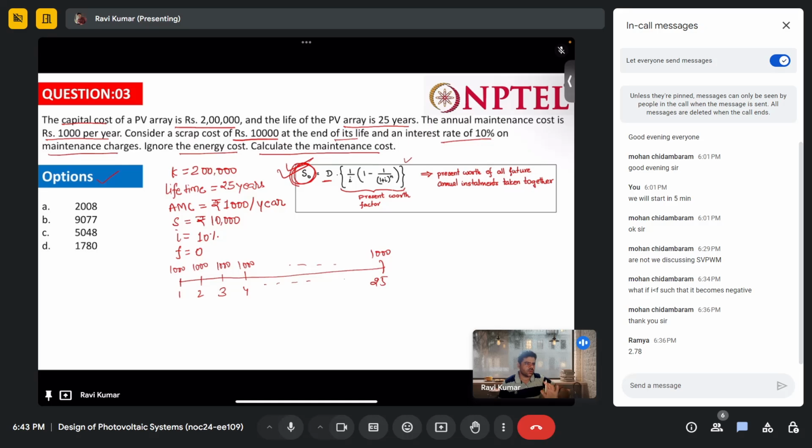So in this particular question, they asked us to calculate the maintenance cost. So total maintenance cost will become 1000 into 1 upon 10%, 0.1, into 1 minus 1 upon 1 plus 0.1 to the power 25.